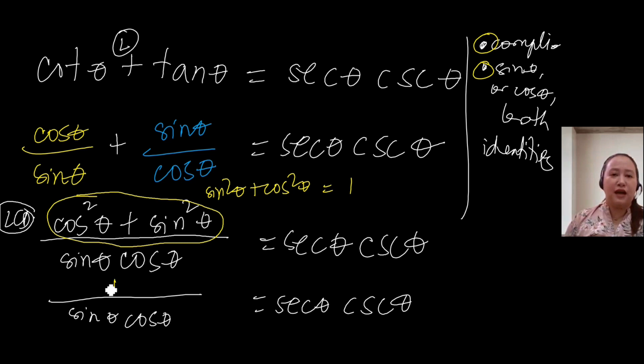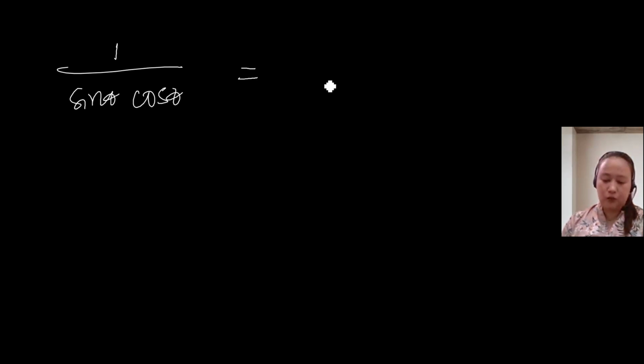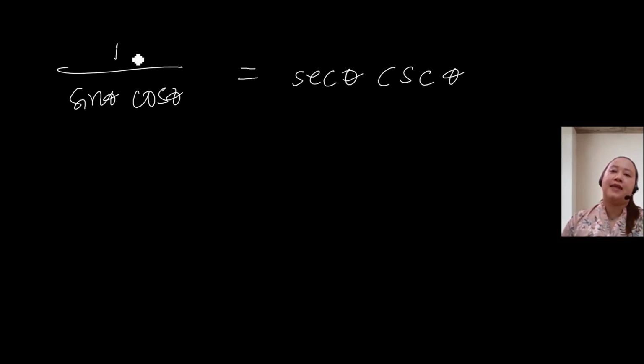So the left side, you can actually split this because this is multiplication. So I will clear the screen. So with 1 over sine theta cosine theta equals secant theta cosecant theta, again you can split this because this is multiplication.